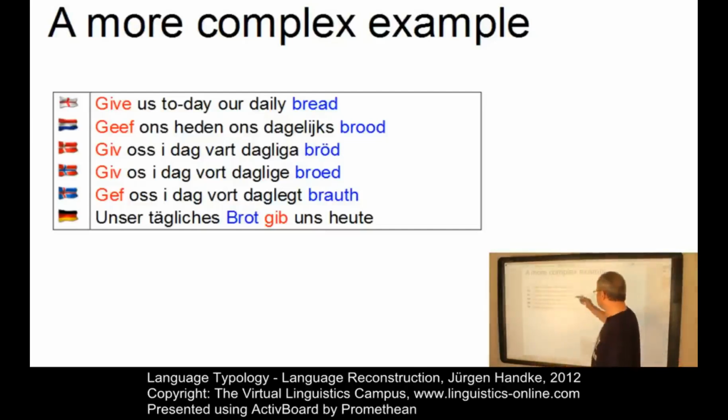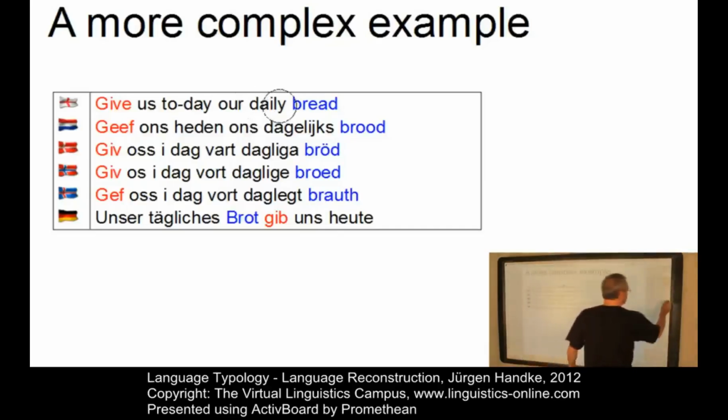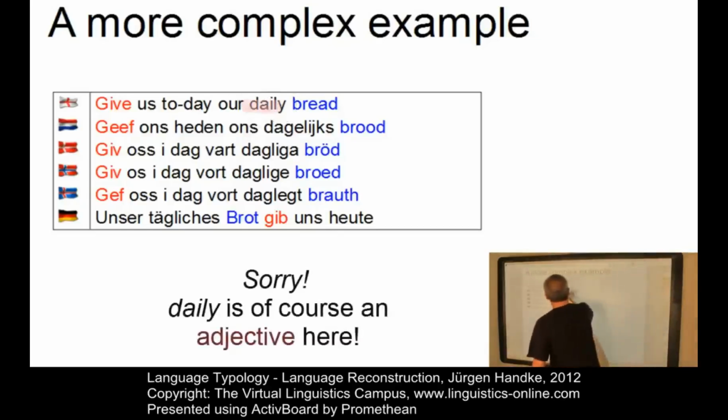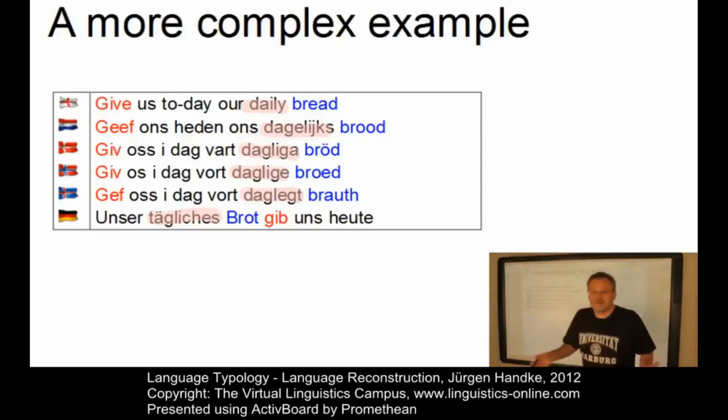Well, if we look at these languages and look at the word for daily, for example, we have an adverb here. You see the different representation of adverbs plus some morphological element to be added, illustrate the degrees of morphological complexity of these languages.